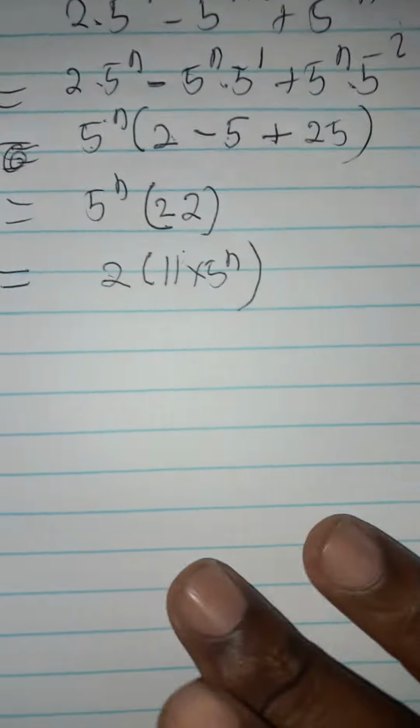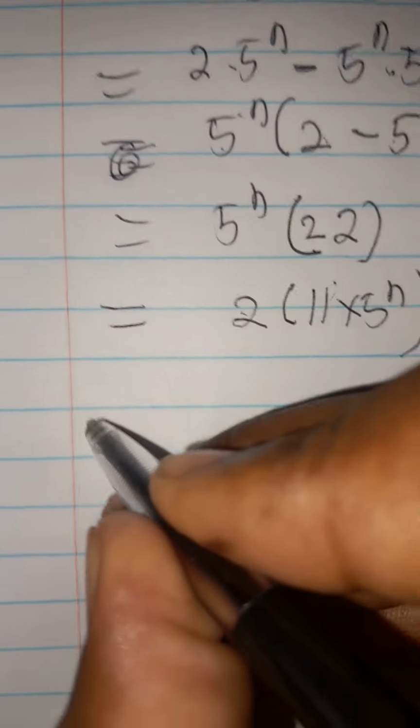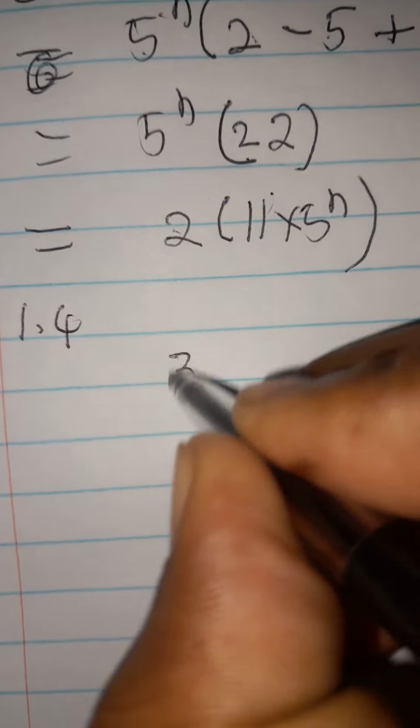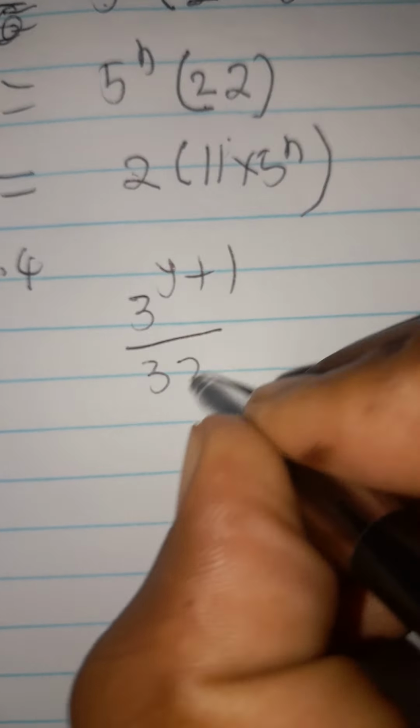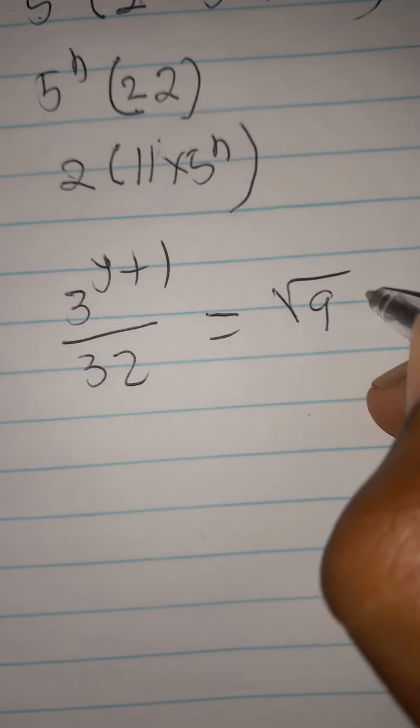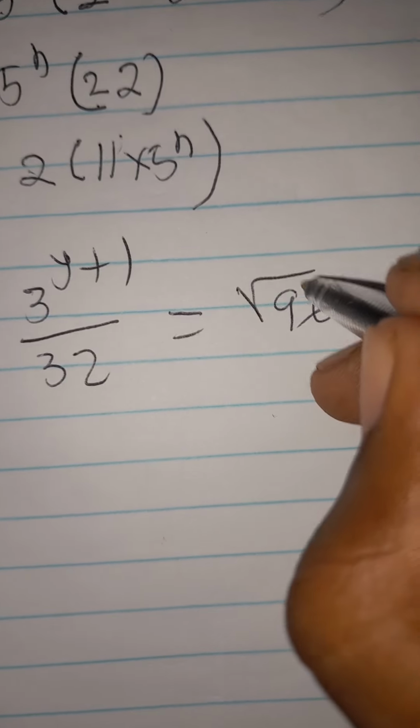Okay. We are on 1.4. This is the last question on question 1. Determine the values of x. So we're given 3 to the power of y plus 1 over 32 is equal to root 96 to the power of x.